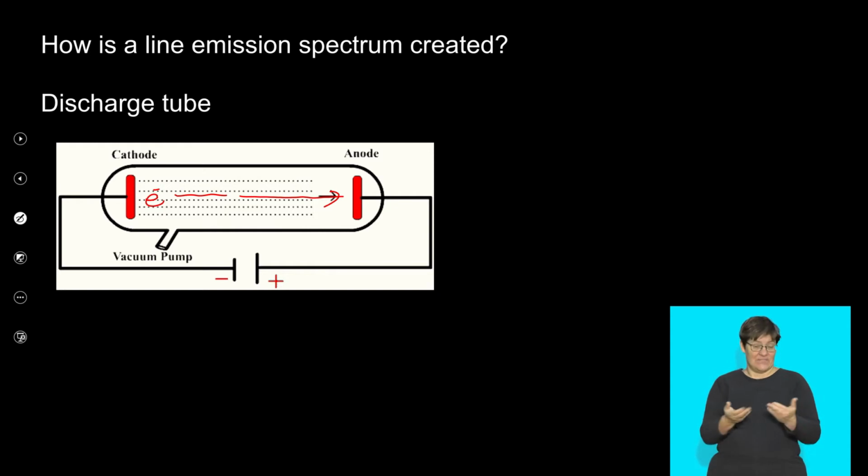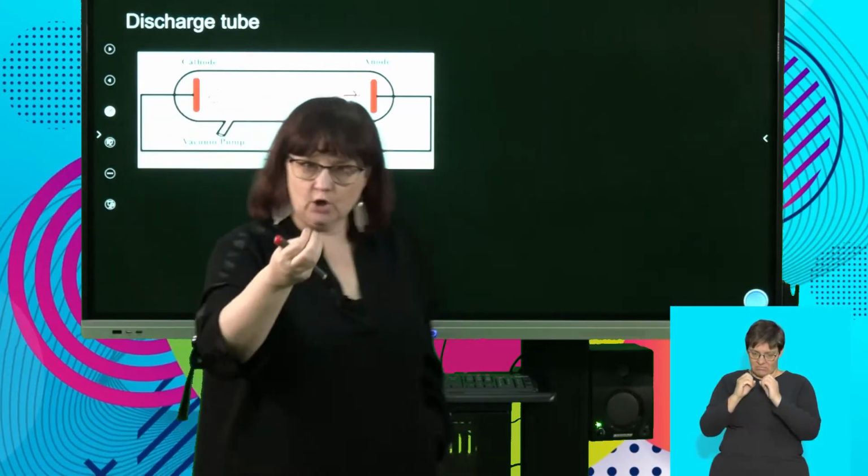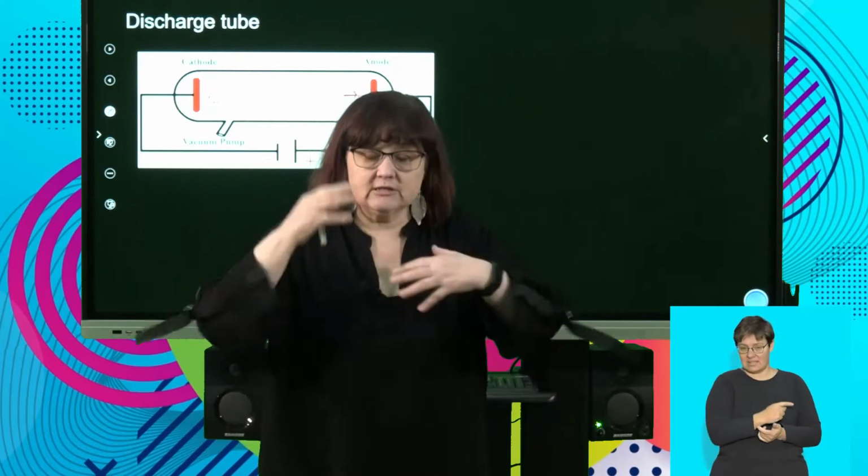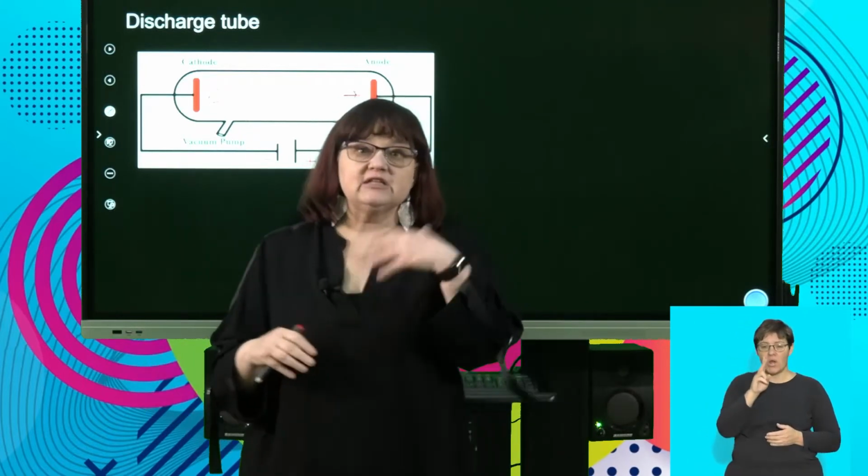That excitement causes the gas to glow. It causes the gas to give off light. Now, it's not always white light. Most lights we use in everyday life is white light. But if you've looked at neon signs, those signs they use at night, they flash different colors, or you've seen blue and orange and red and all those colors, they are different colors because of the gas that's inside the light, okay?